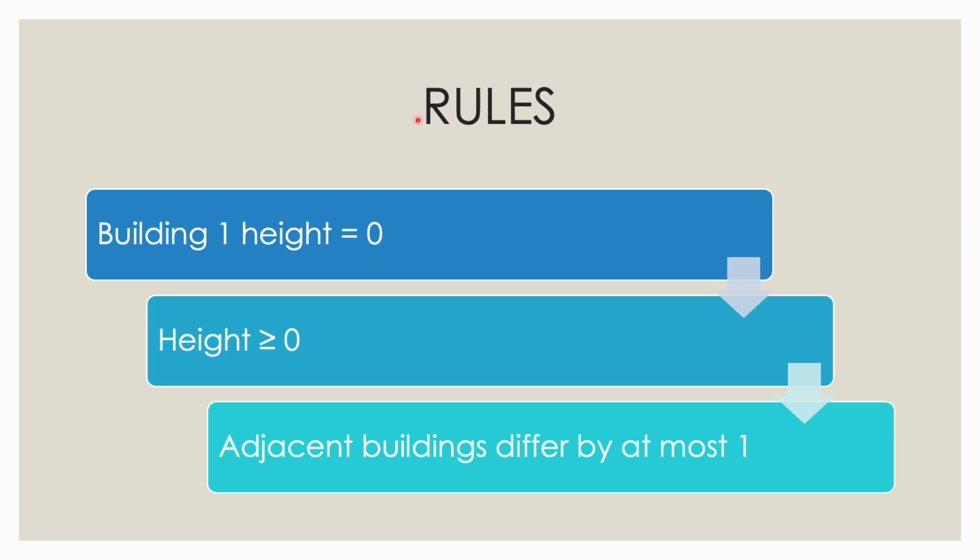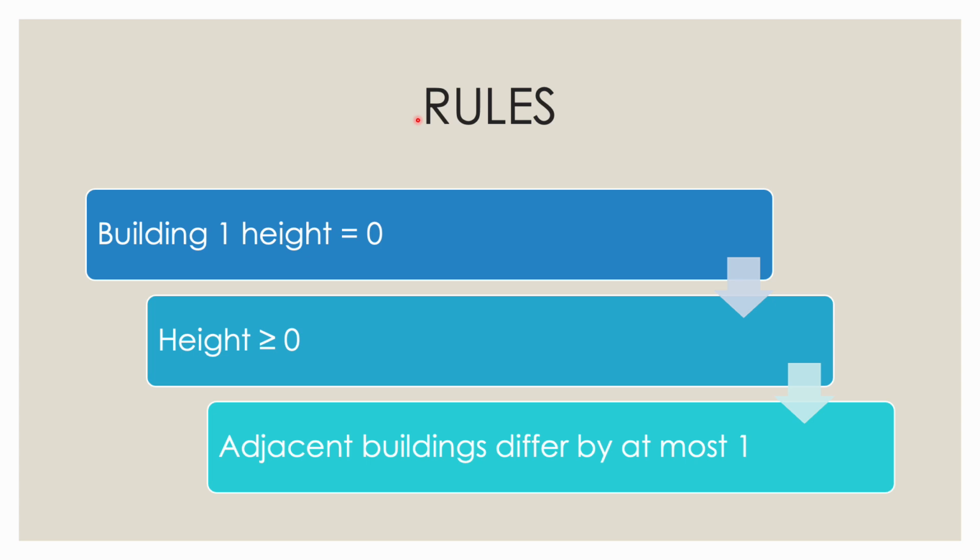So we have 3 rules. The first says that the height of my first building is equal to 0. The second rule says that my height can only be a positive integer or its value can be 0.